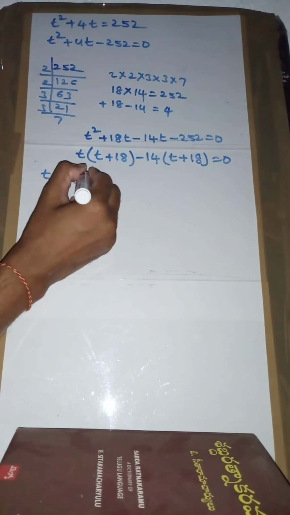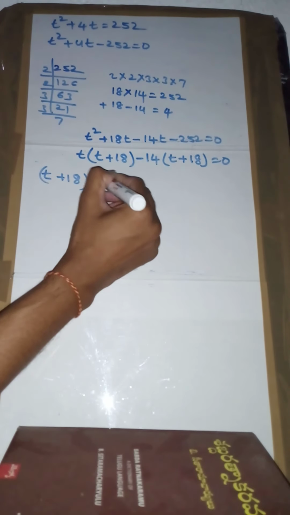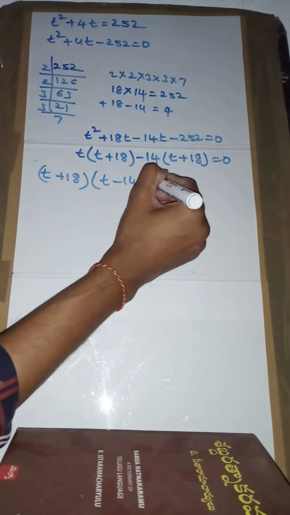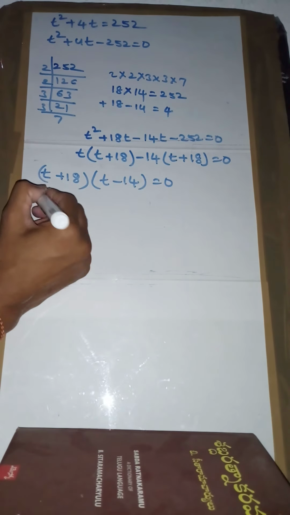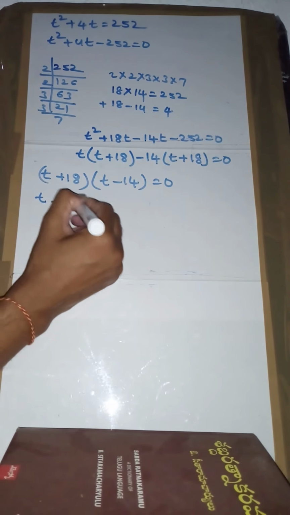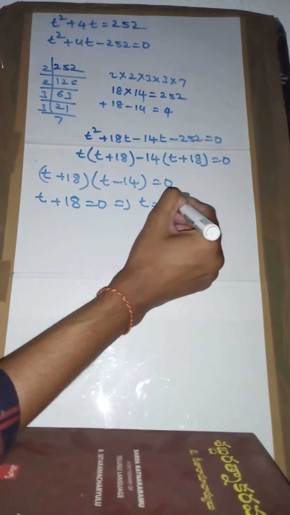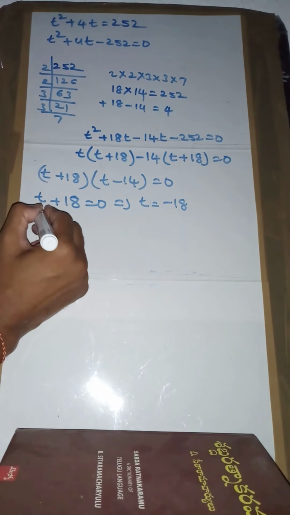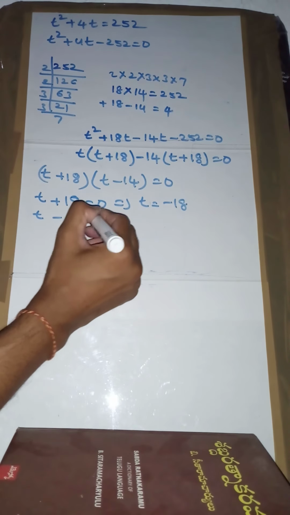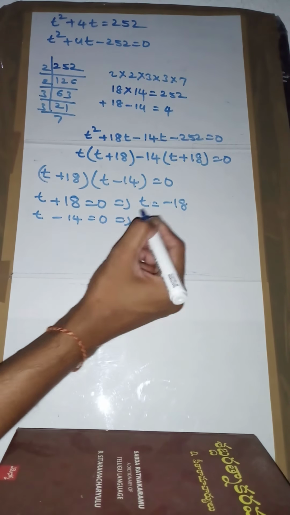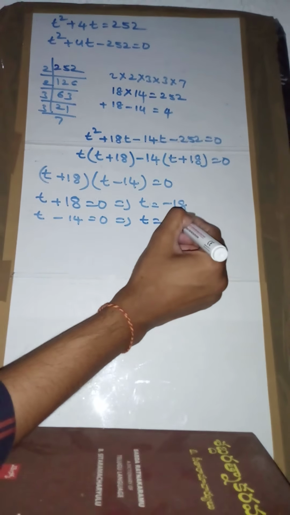Then the first bracket is t plus 18. The second bracket is t minus 14 is equal to 0. Therefore, t plus 18 is equal to 0. That implies t is equal to minus 18. t minus 14 is equal to 0. That implies t is equal to 14.